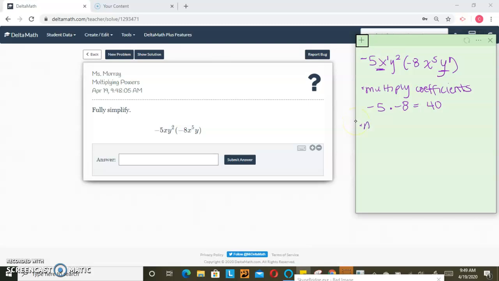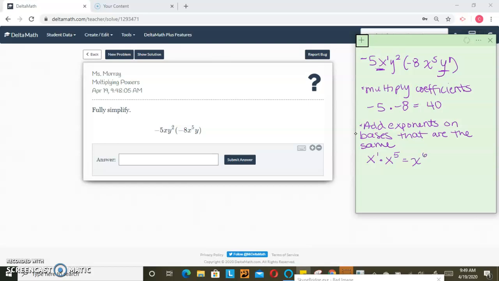Then I'm going to add my exponents on bases that are the same. So I'm going to have x to the 1st power times x to the 5th power. I keep my base the same, so I keep the x, and then 1 plus 5 gives me 6.